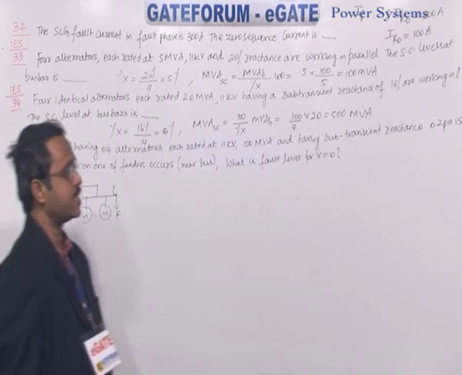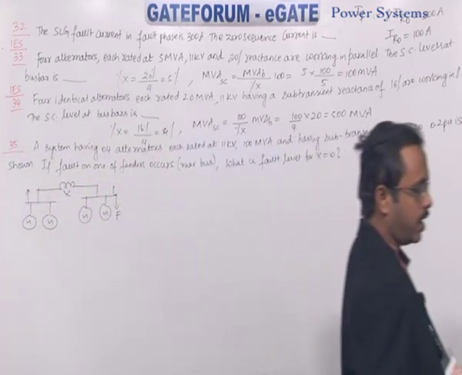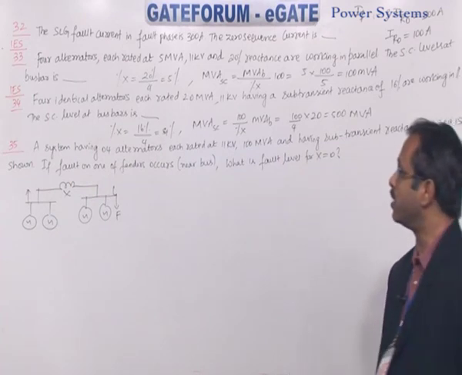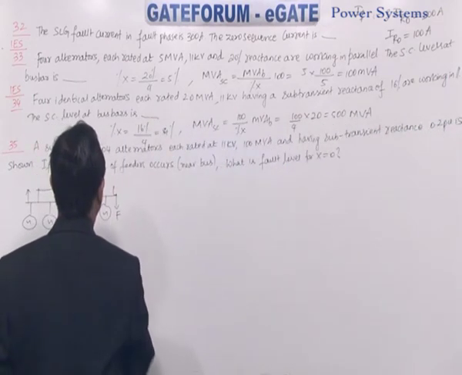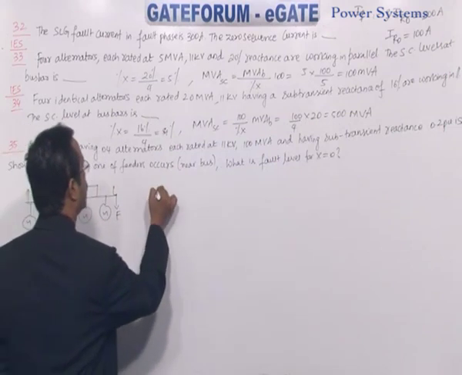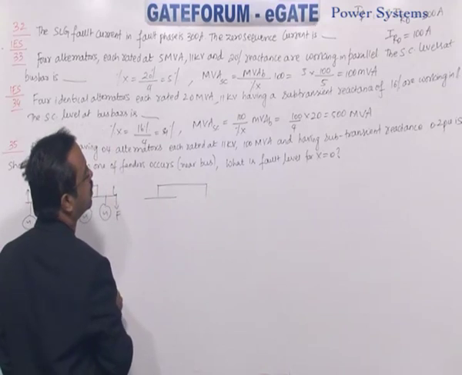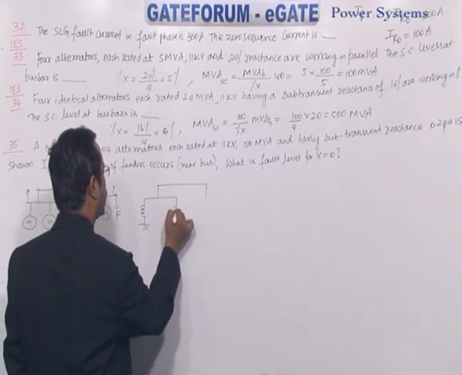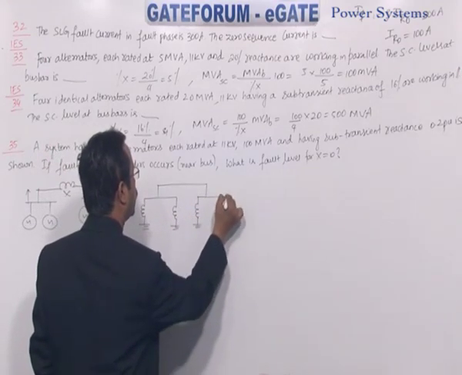Now when that X is equal to 0, you should find what is the fault level. So when you draw the reactance diagram for this one, reactance X equal to 0. Each subtransient reactance is how much now? 0.2 per unit. Each one is 0.2 per unit.